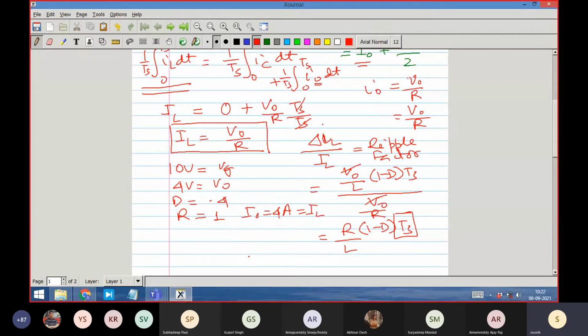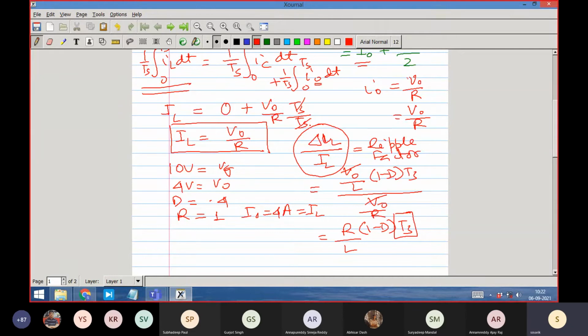Let us say I have to choose the inductor to satisfy the current ripple factor, which they will give to the designer as a specification. This will come to you as a specification. Your job is to choose. You cannot choose R. You can choose L and Ts.